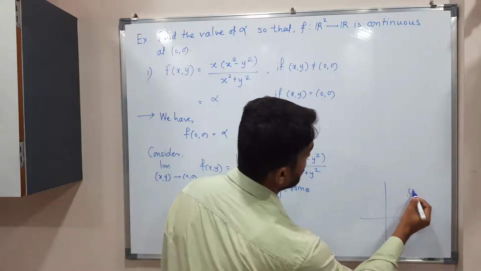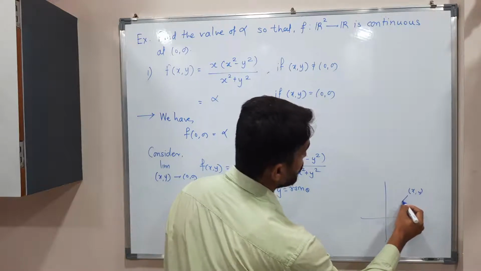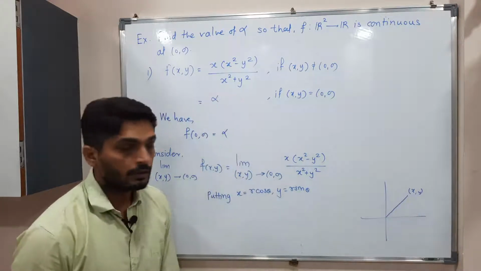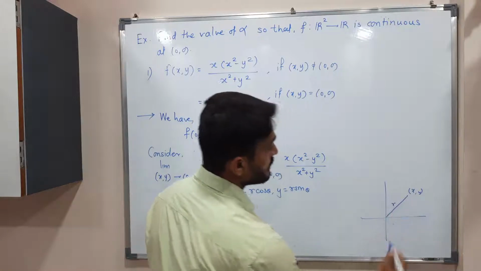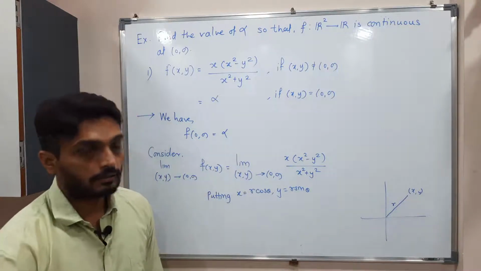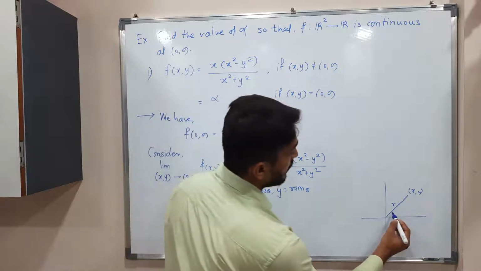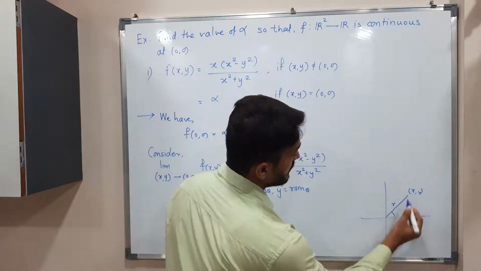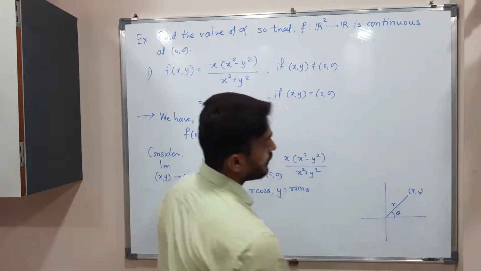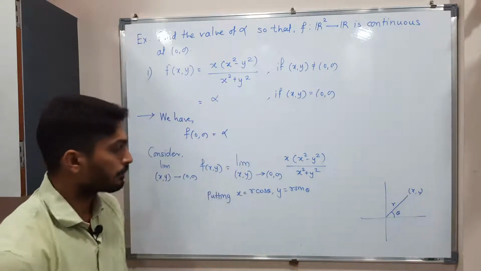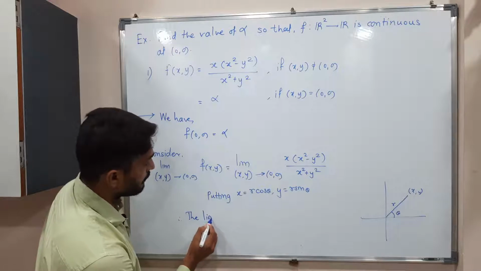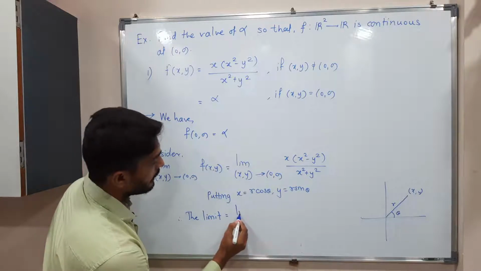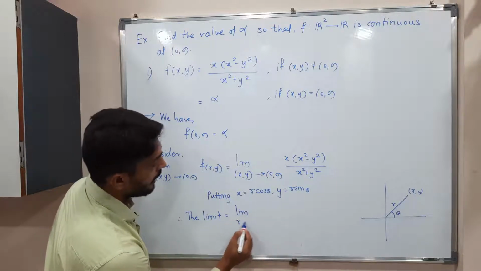Suppose (x,y) is any point here, and if you join that point with the origin, then there is some distance of the point from the origin, and that distance is denoted by r, right? And there is some angle between the positive x-axis and that line, which is called theta, right? So the above limit is equal to the limit as r tends to 0.